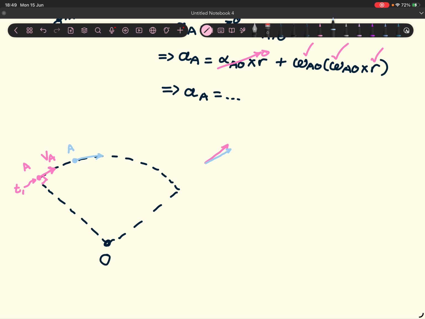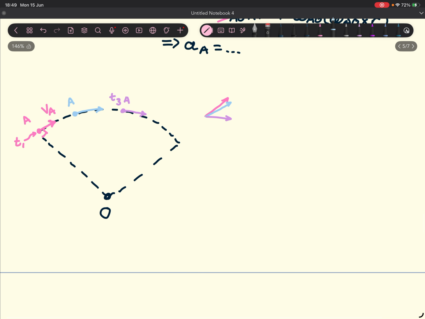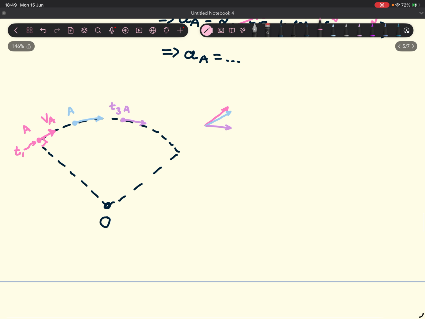So that's the normal acceleration that's constantly forcing the direction of the velocity to change. And at another point, we'll call this T3, the velocity of A is now perfectly horizontal, right? And the thing that's causing it to do that is the normal acceleration.